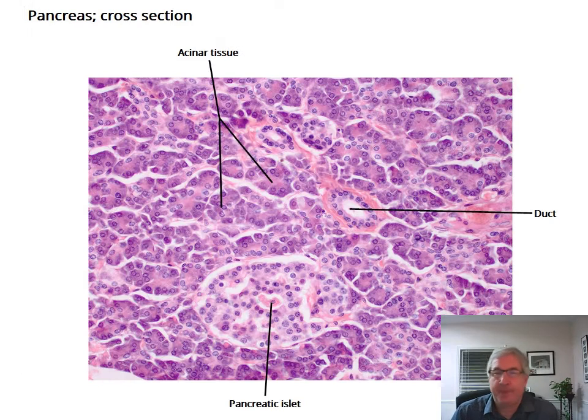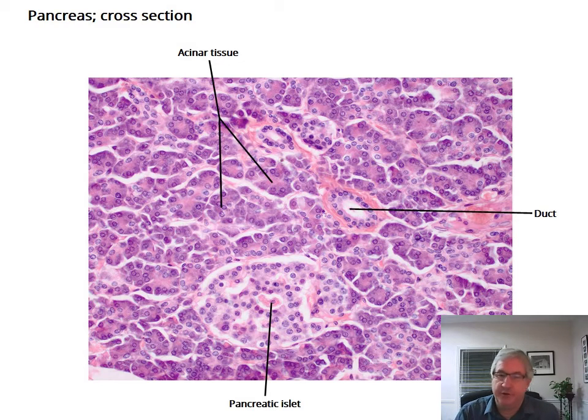Next slide. So here's a higher magnification pancreatic islet, the duct, and you can see the epithelial cells lining around there, and then you have all this acinar tissue. So all the digestive enzymes are being made there, and they break down proteins, lipids, and sugars.